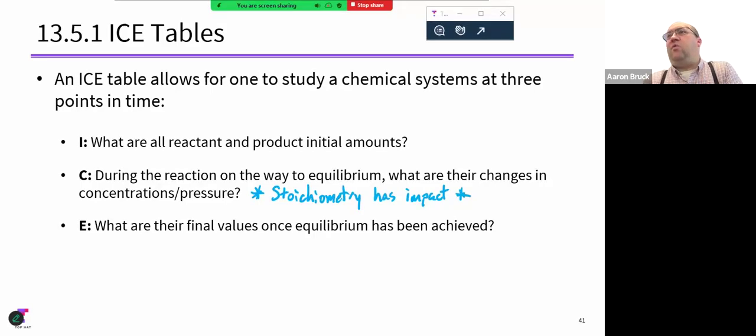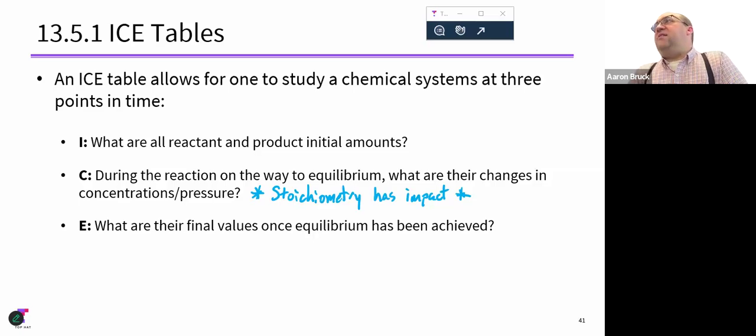If we are doing a chemical reaction where there are two of reactant A and one of reactant B, well, we know that kinetically speaking, reactant A is going to disappear twice as fast as reactant B because there's two of them and only one of the B. That needs to be reflected in our change as well.